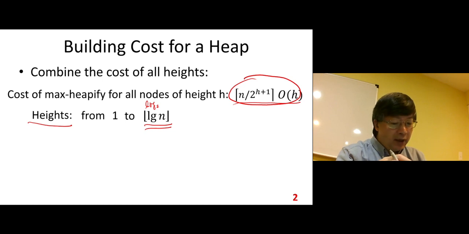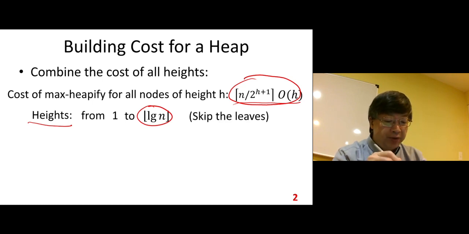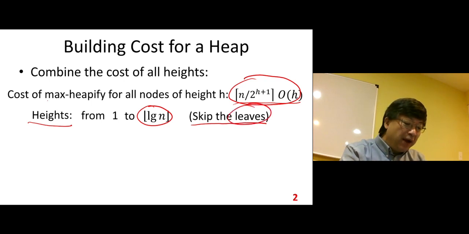The reason we use this range of heights is that we do not include those leaves. Those leaves correspond to height 0, and at the leaves we do not do max heapify.